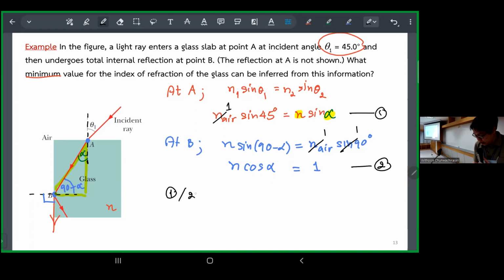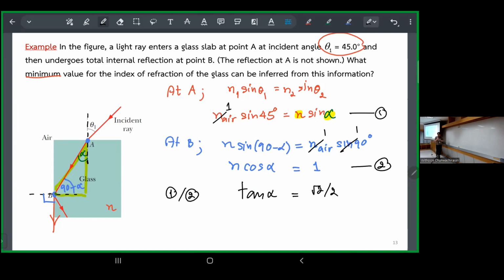Because if you have your calculator on hand, by doing the division between these two equations, n will cancel, and you get tan of alpha equal to √2/2, something like this. So you figure out the value of the angle alpha first. And once you punch the calculator and get that number out, you plug it back into either one of these two equations to figure out the n.